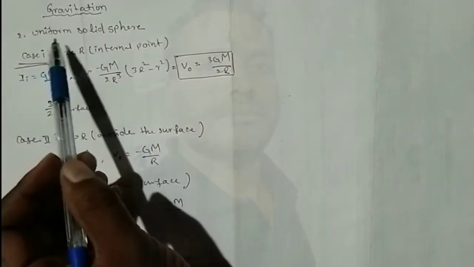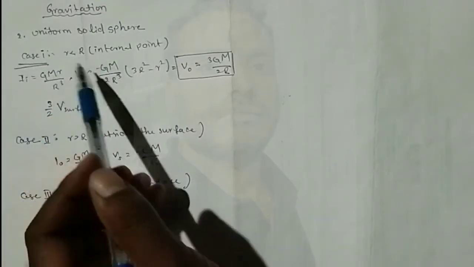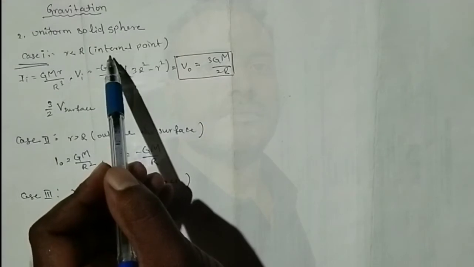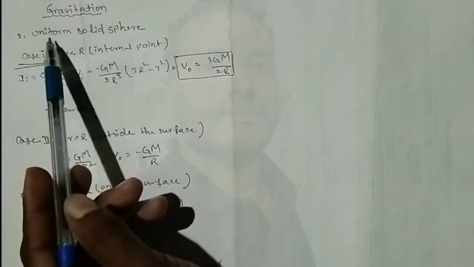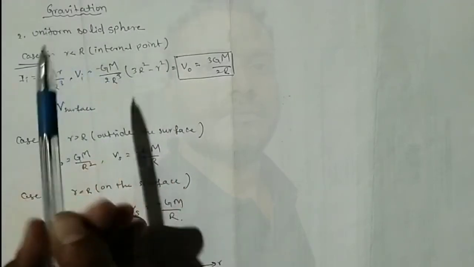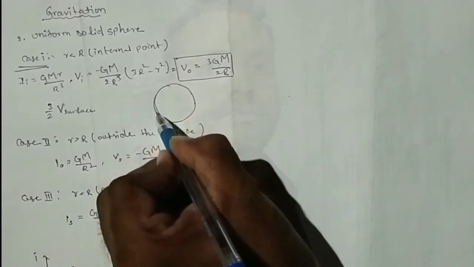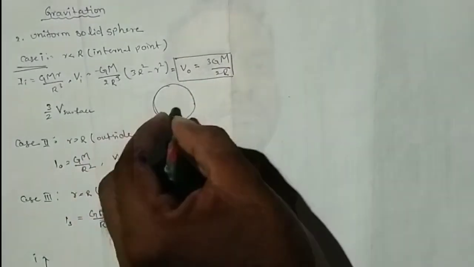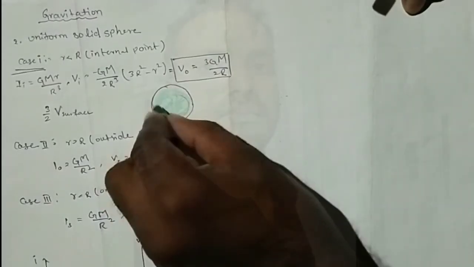Gravitation, uniform solid sphere, case 1: inside. Gravitation, uniform solid sphere, internal point. It is a solid sphere, internal point.